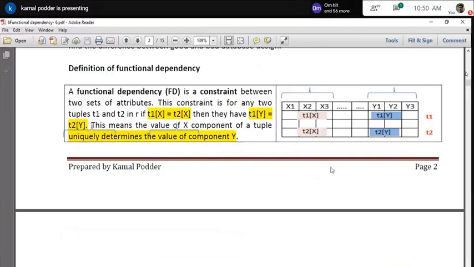By examining that data, suppose I find that T1.X equals T2.X, where X is the combination of x1, x2, x3. And at the same time, for the same tuples, I find that T1.Y is also equal to T2.Y. Then I can say that Y depends on X.